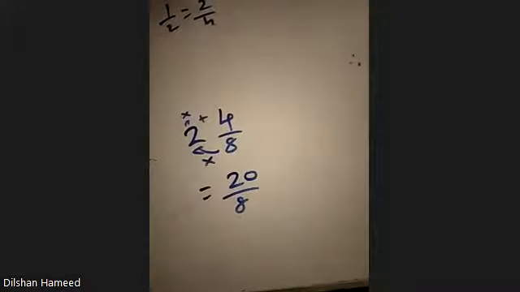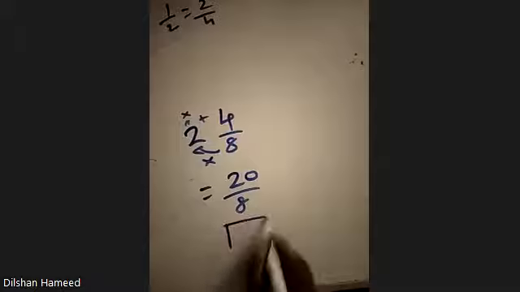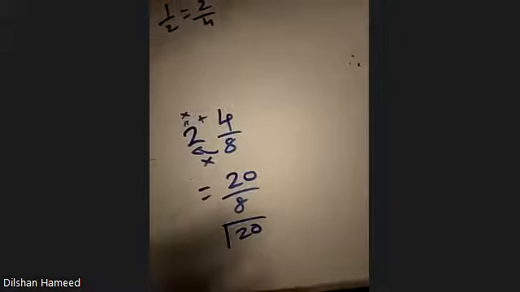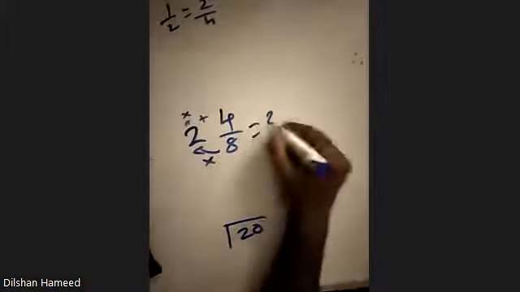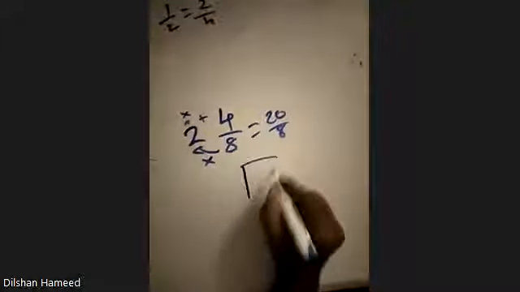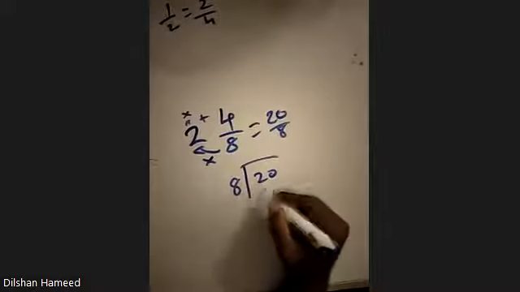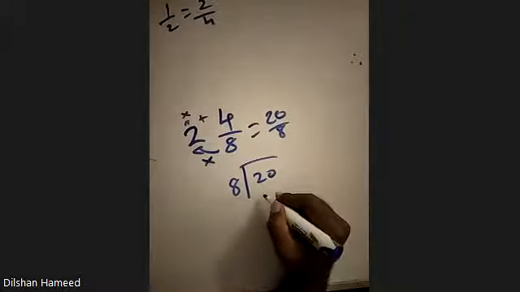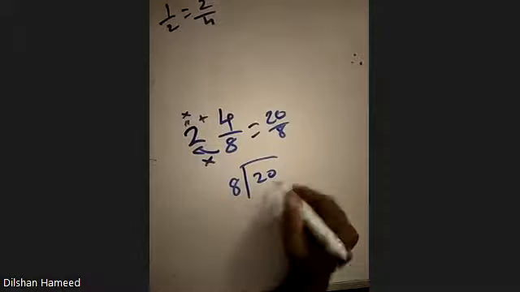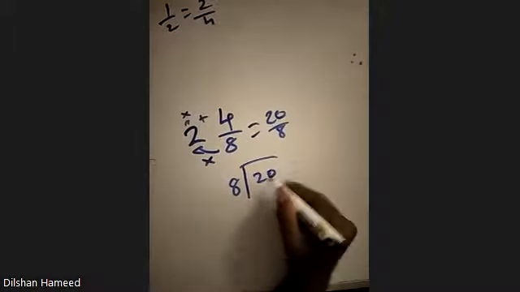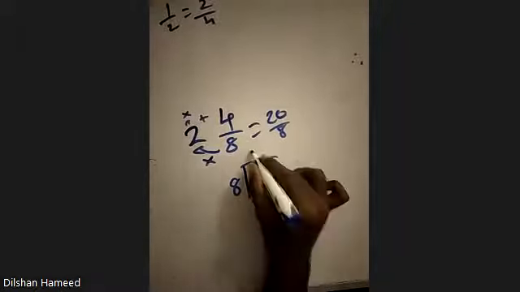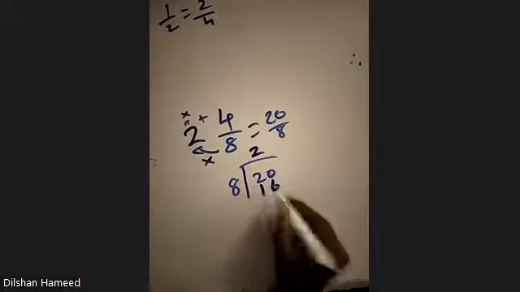20 upon 8. So now what I do is, I divide the 20 by 8. So what is the nearest one? 8 ones are 8, 8 twos are 16, 8 threes are 24. 24 you cannot put here. So 8 twos are 16, and 16 is very suitable here.